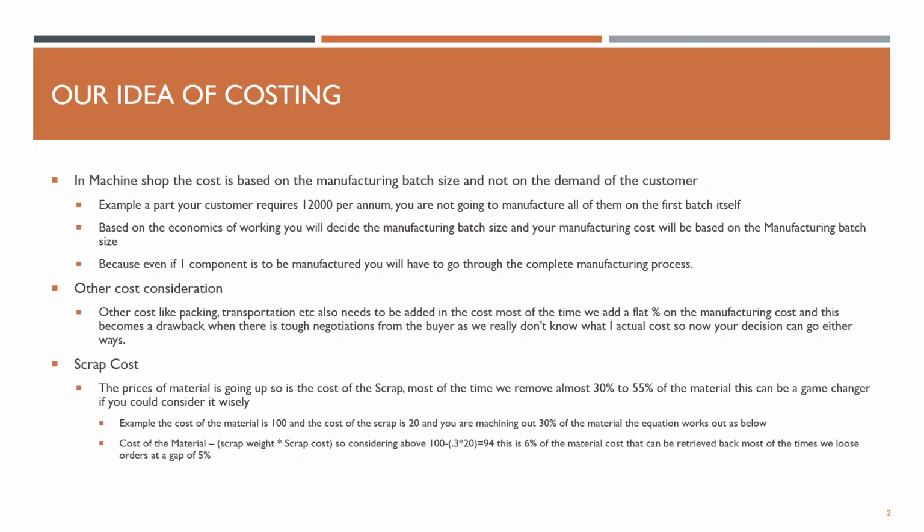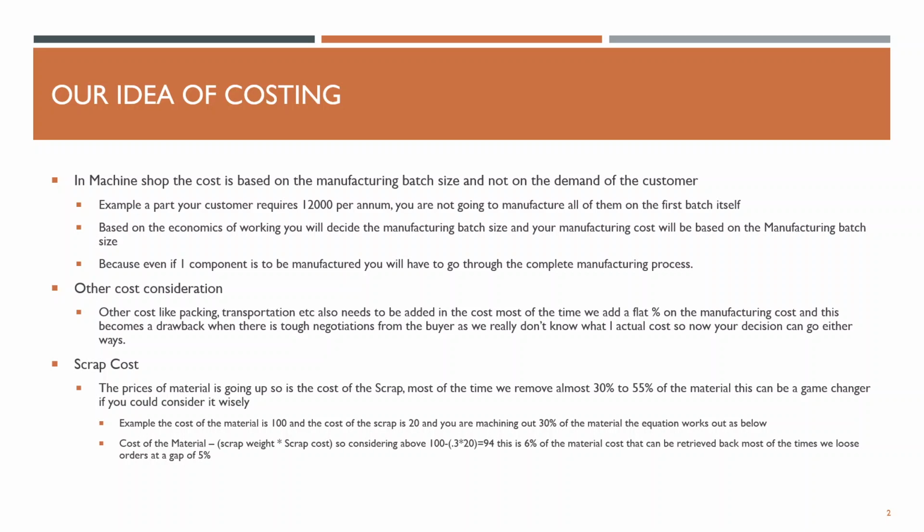Another important factor is that, post-COVID, the prices of material have really skyrocketed, and consideration of scrap makes sense for us now. This is one of the factors we have incorporated in this software: you get the scrap generation that happens during manufacturing.